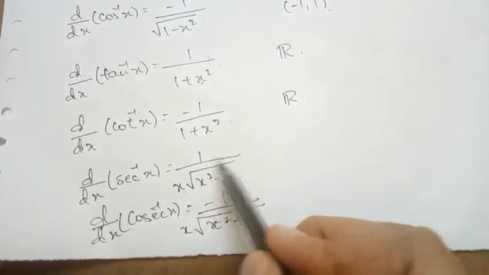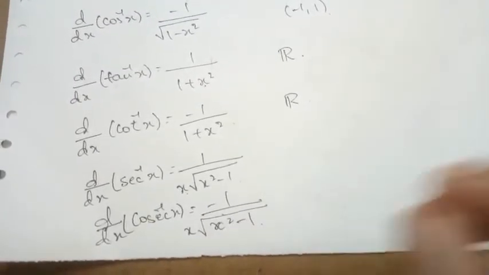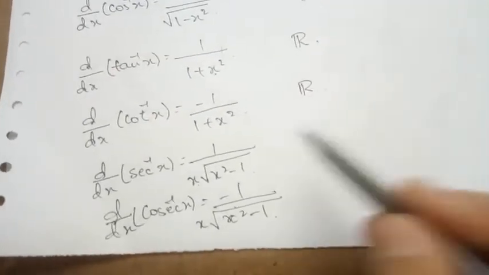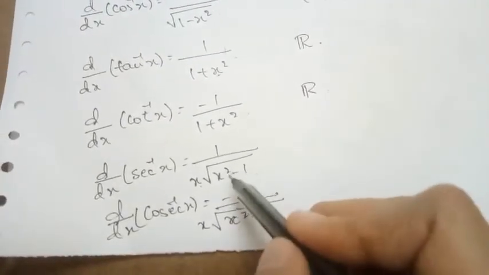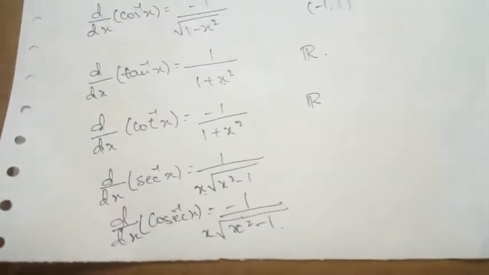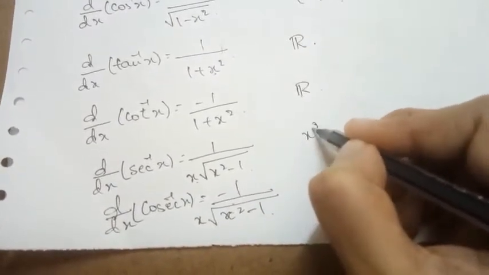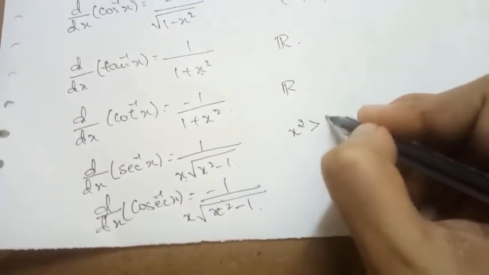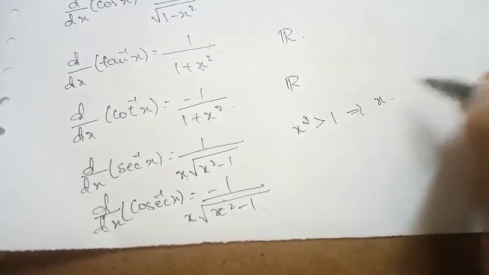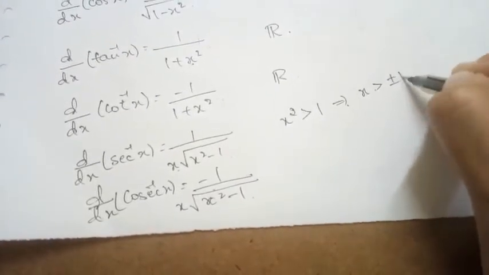But since x square minus 1 lies under the root, the value should be positive, so x square minus 1 should be greater than 0, and x square cannot be equal to 1. So x square should be strictly greater than 1, which implies x is strictly greater than plus or minus 1.